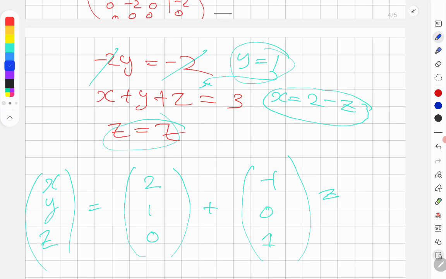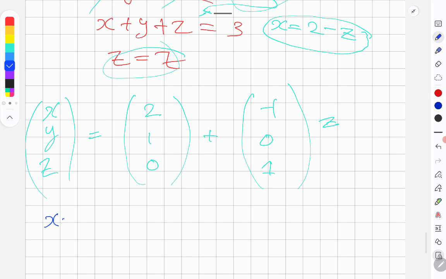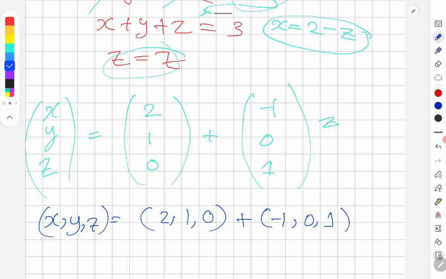Let me write it more clearly. So the solution which I got is 2 1 0 plus z multiplied by -1 0 1, so I can write it like this.